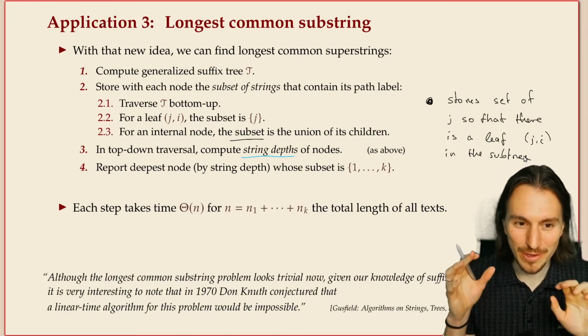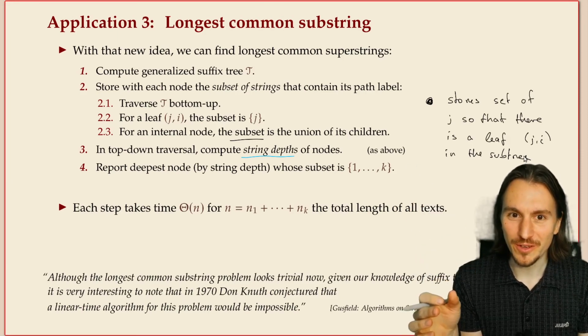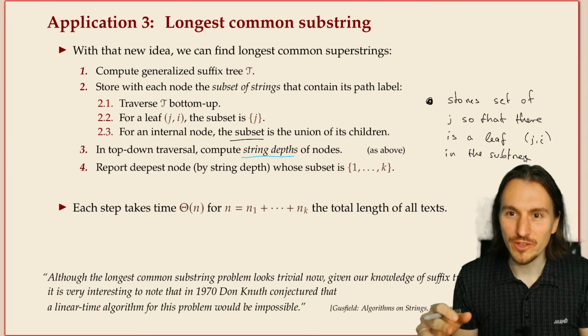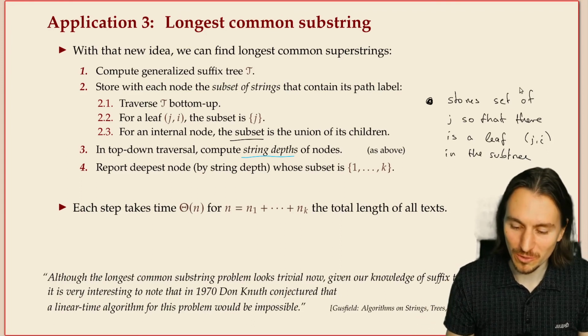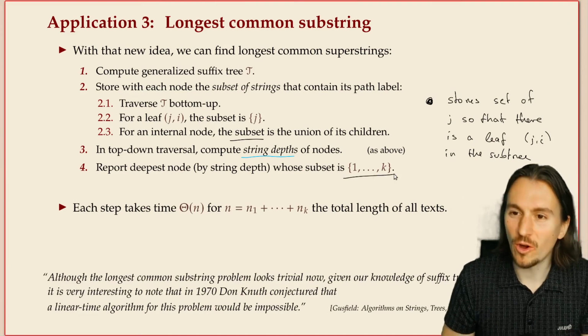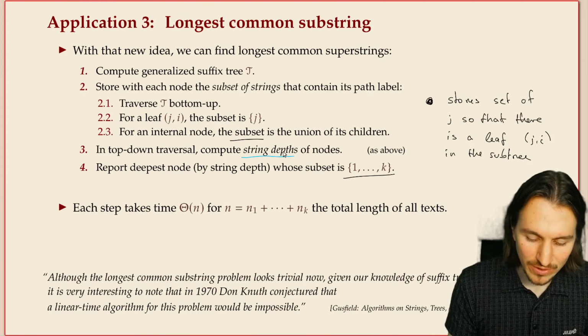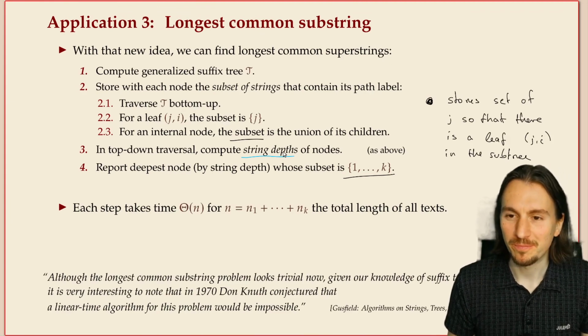Remember, every repeated string gives rise to an internal node, but we want an internal node where there's a continuation in all of the strings. So we try to find the deepest node that is labeled with all of the strings, deepest in terms of the string depth.